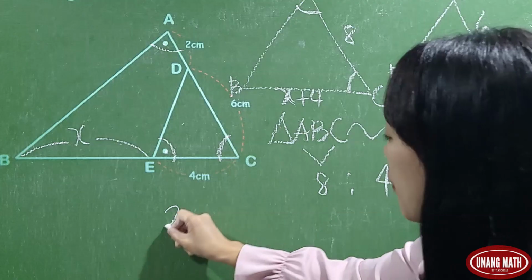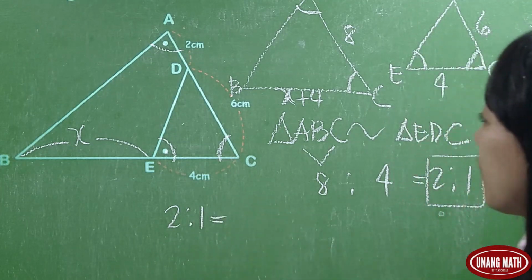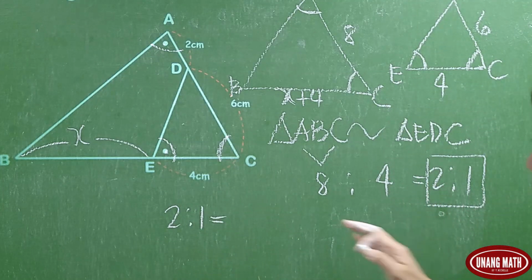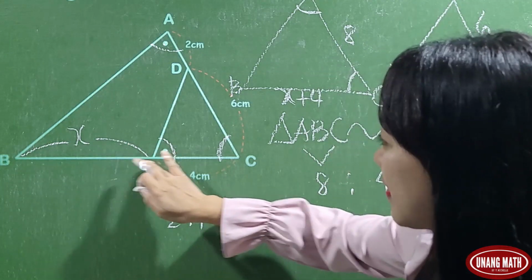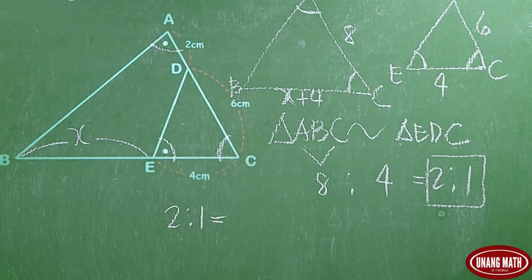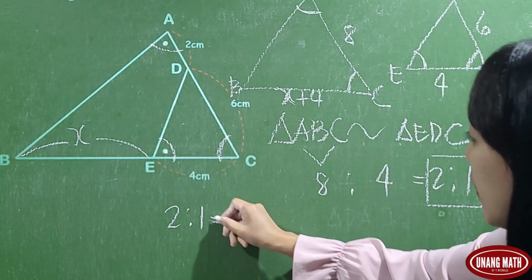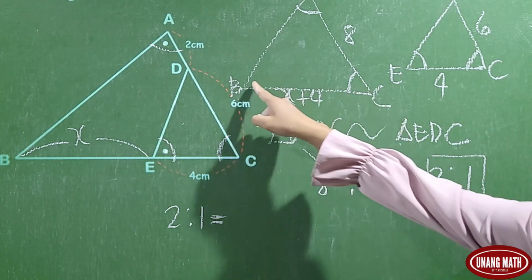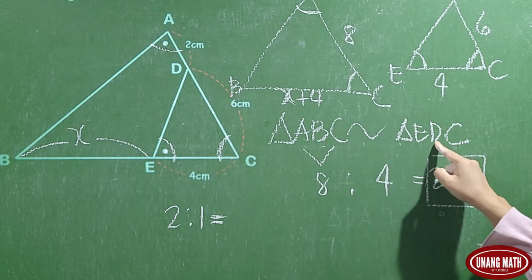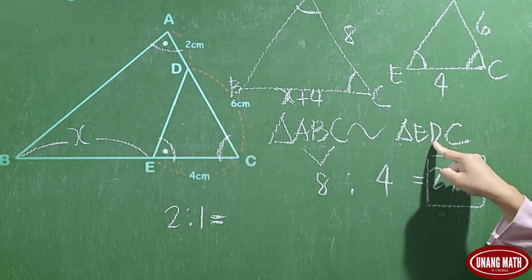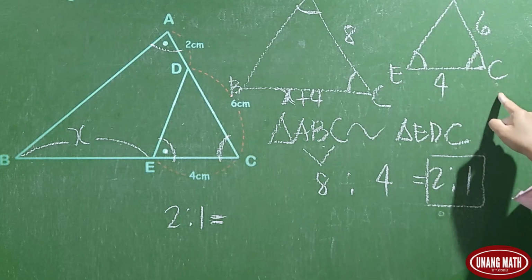Okay, we are going to use the ratio 2 is to 1 to find out the measure of side BE. So it means 2 is to 1 is now equal to, side BC corresponds to side DC, which is 6 centimeters.